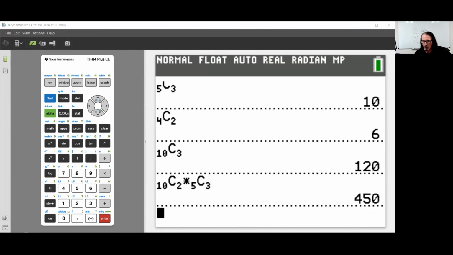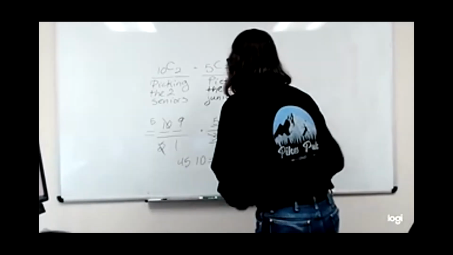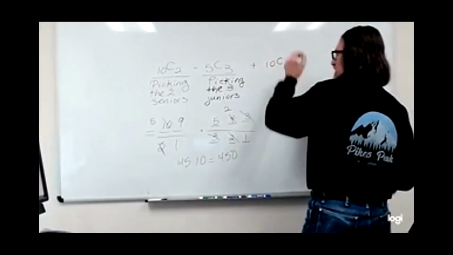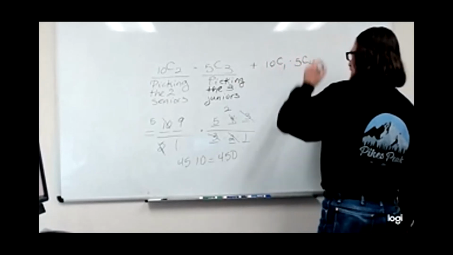I'll say we take that a little further. Either we have the 2 seniors from the 10 and the 3 juniors from the 5, or 1 senior and 4 juniors. Well, the or should be telling us to add. Choose 1 senior and 4 juniors.